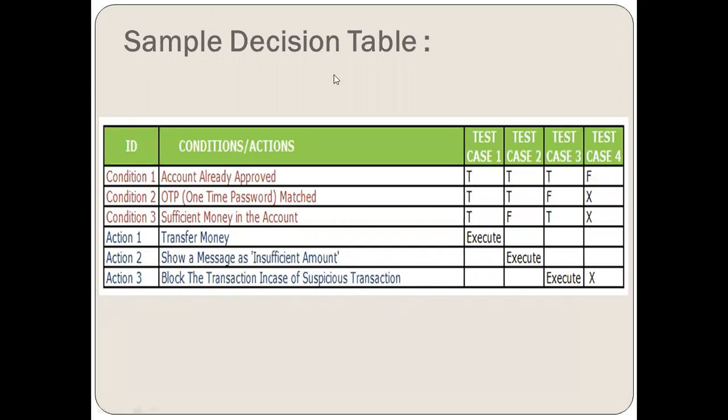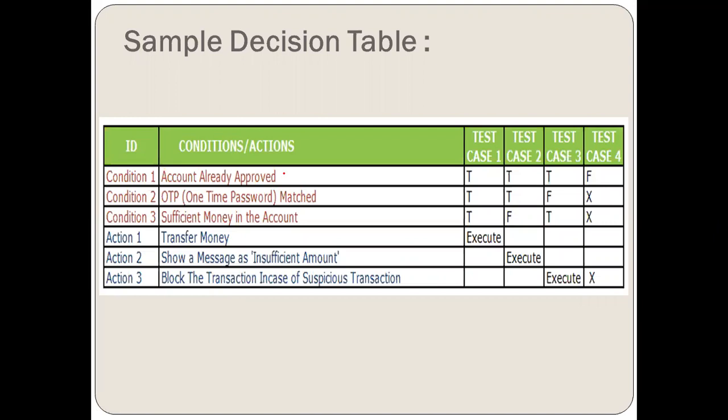Sample decision table. In this, we are going to talk about an account. We are transacting a certain amount to a specific account. In that particular scenario, there are certain conditions on whether the transfer will be executed or not. In that, we have three conditions.